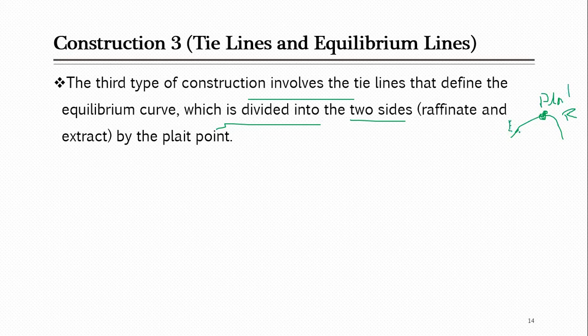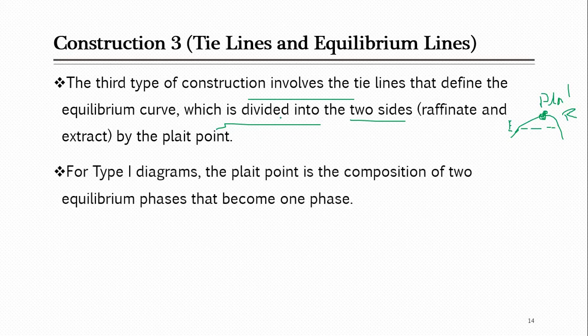There are a few dotted lines which connect points from the extract side to the raffinate side at equilibrium, and they are called tie lines. For a type 1 diagram, the plait point is the composition of two equilibrium phases that become one phase. What does this mean?